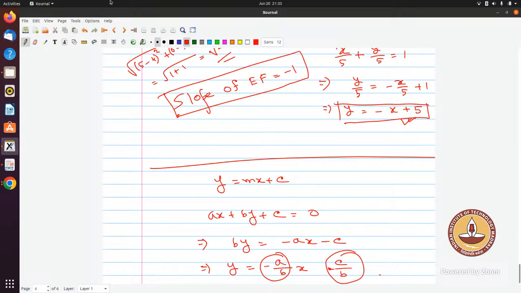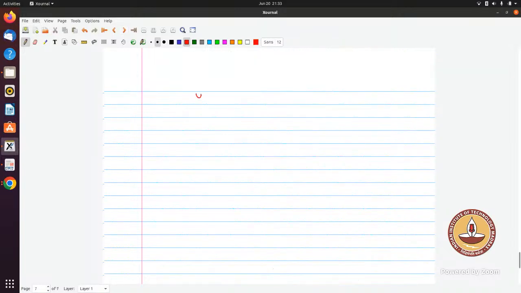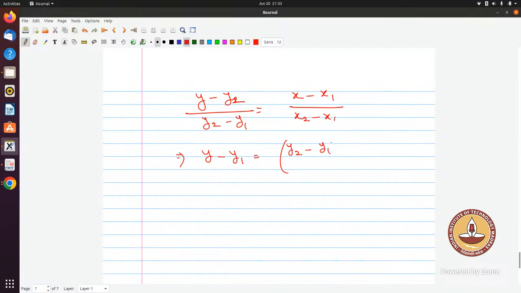Whatever equation we are writing, say the two-point form, this also we can write like this. If I have this one, what should I do? This I can write. Correct? And I can take this on the other side.